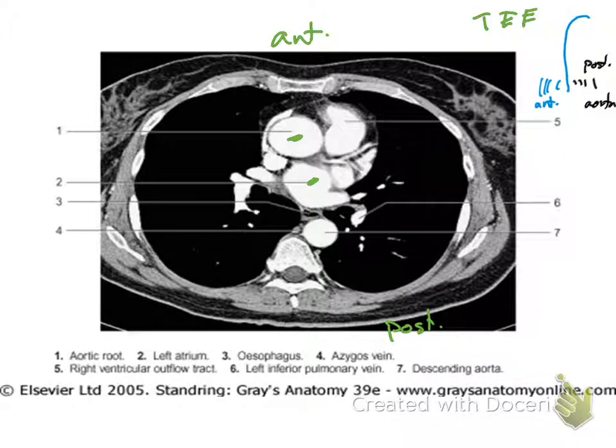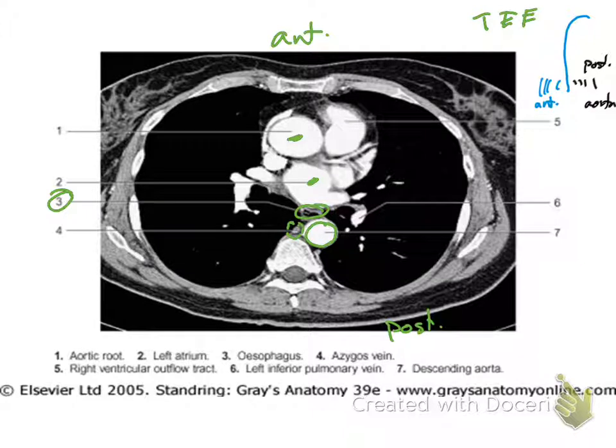Then behind your left atrium you have your esophagus, which is this one here. And behind your esophagus you have this big structure, which is your descending aorta. Next to the descending aorta you have your azygos vein, which is this tiny structure here.